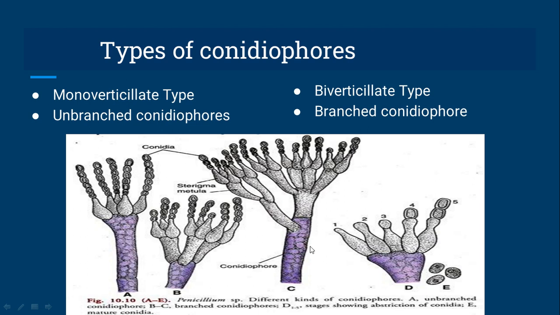So here the conidiophores are branched. These conidiophores with the branched structure, then metulae, which are the ultimate branches, and the flask-shaped stigmata are called biverticillate. In some species of Penicillium, the monoverticillate type is present, and in most species of Penicillium, the biverticillate type of conidiophores is present.